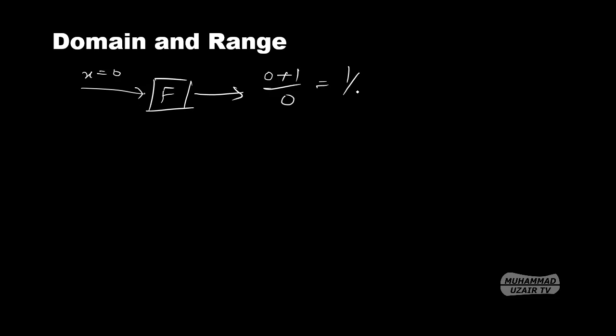Let's put x is equal to 0. We will get 0 plus 1 divided by 0, which is 1 divided by 0. So in this case, this is undefined.